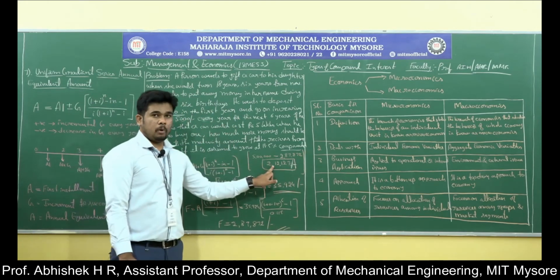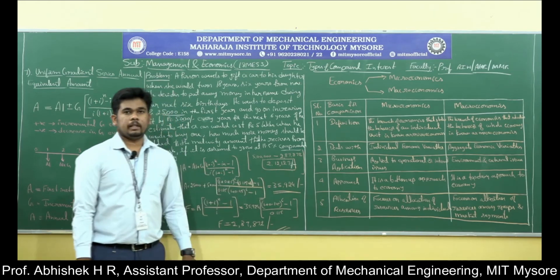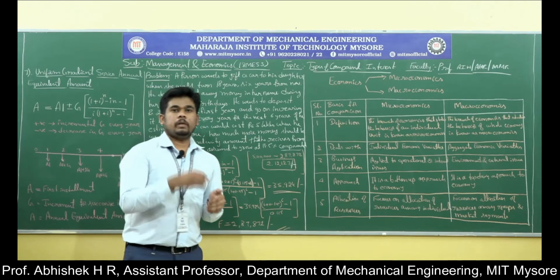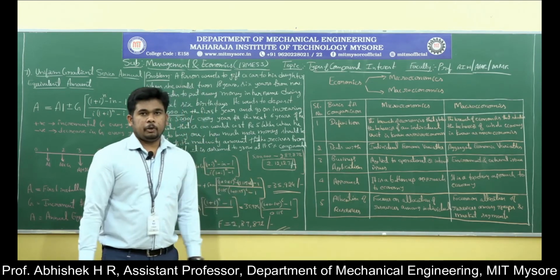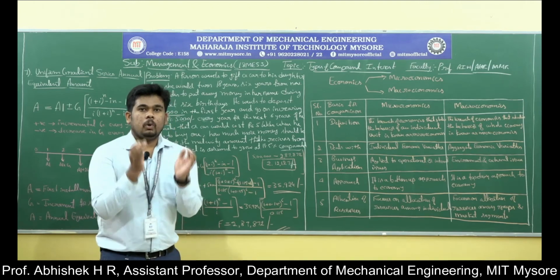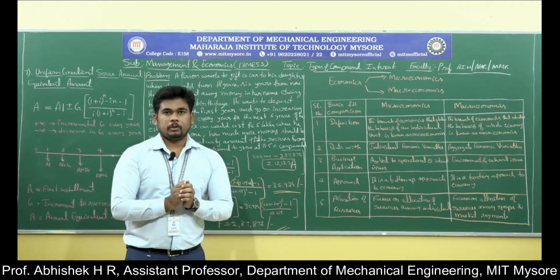The extra amount is 2,12,127 rupees that he should add to 2,87,872 rupees to make a total sum of 5 lakhs rupees.